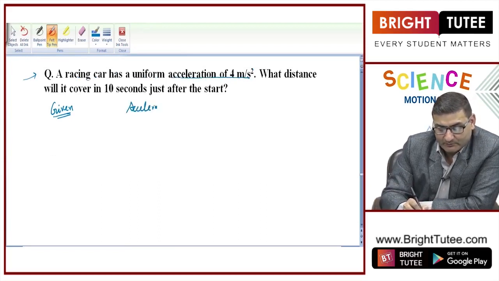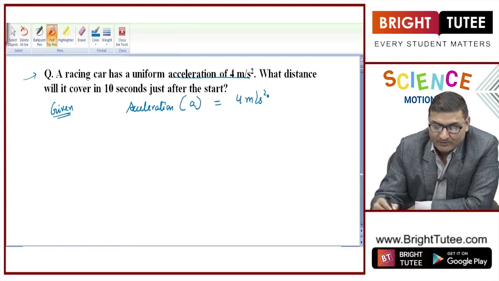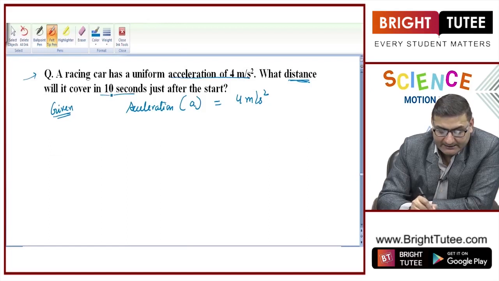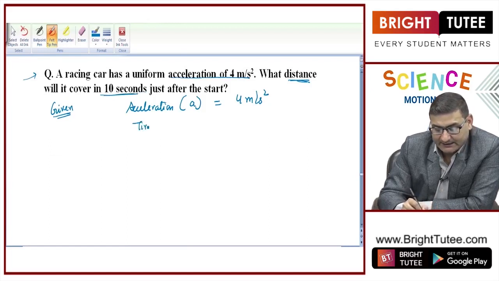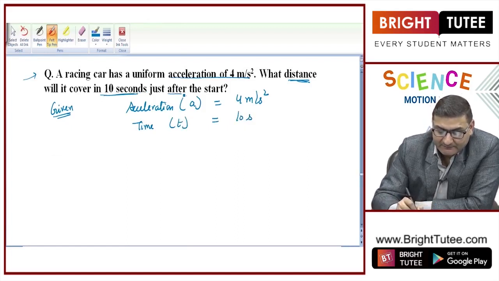Given in the question is the acceleration of the car, small a, is 4 meter per second square. What distance will it cover in 10 seconds? The time is given, small t is equal to 10 seconds just after the start.